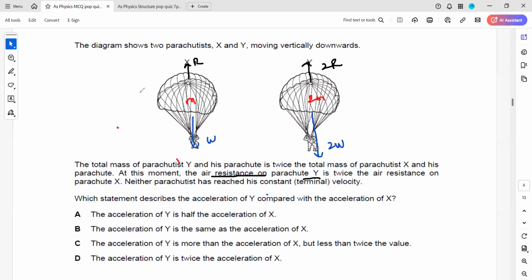And when they open the parachute, the resultant force is opposite to the direction of motion, which opposes the motion, and eventually they reach a constant or terminal velocity. Now, if you want to work out the resultant force on X, it will be R minus W or W minus R. You can do it the other way around as well.